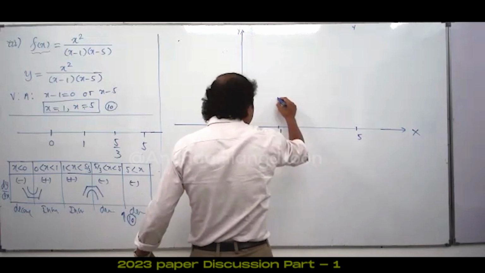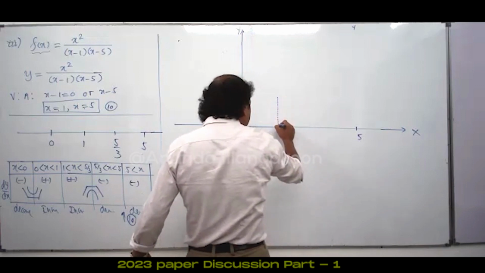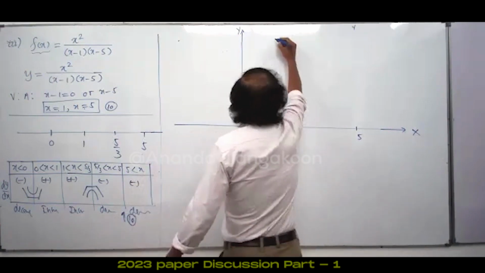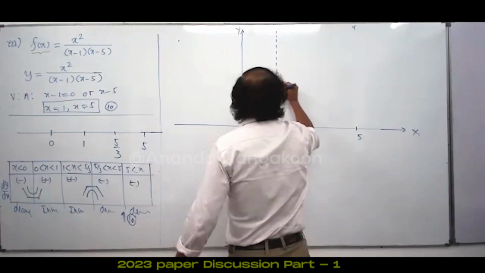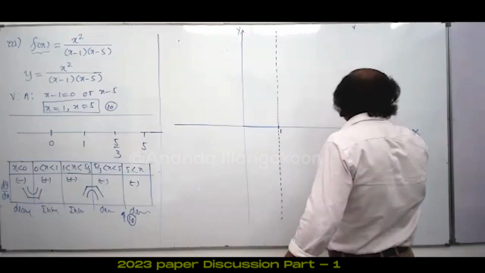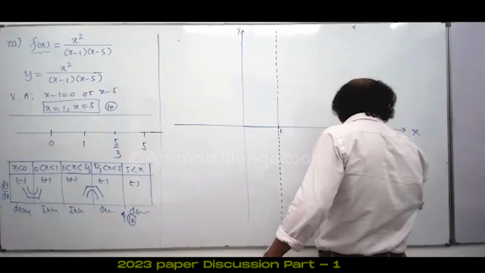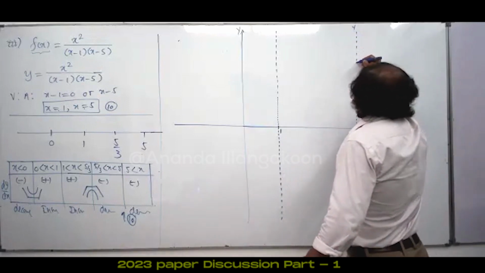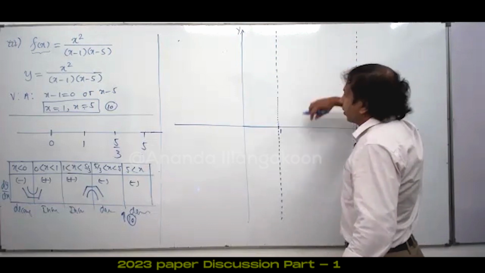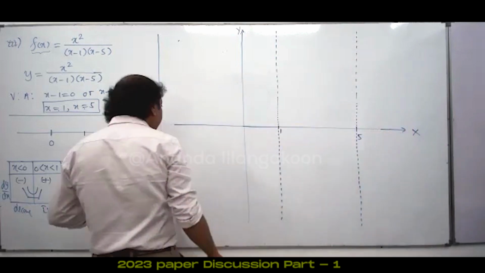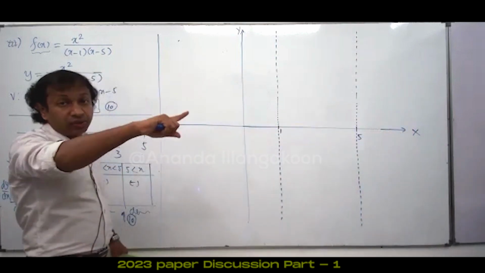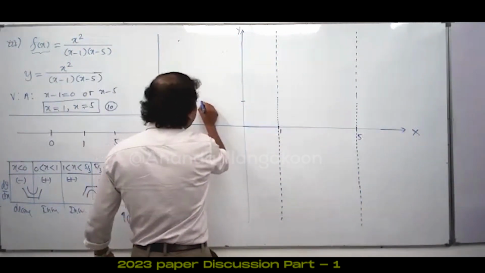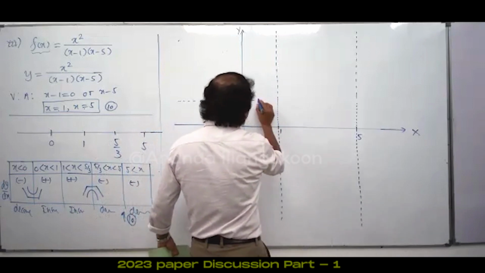Therefore, at x equals 1, draw a vertical dotted line like this. At x equals 5 also, a vertical dotted line we have to draw like this. Right. Okay. And the horizontal asymptote is y equals 1, no? Then that also we draw like this. Horizontal asymptote.